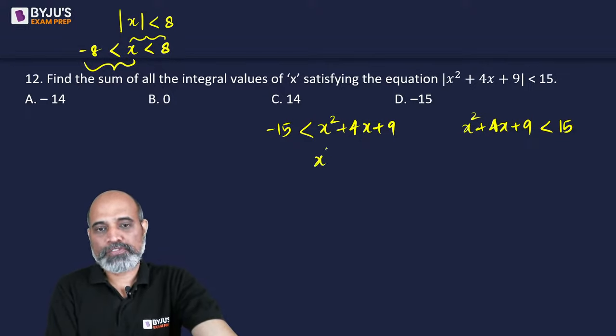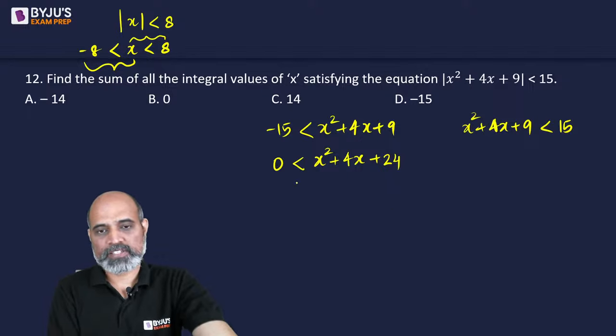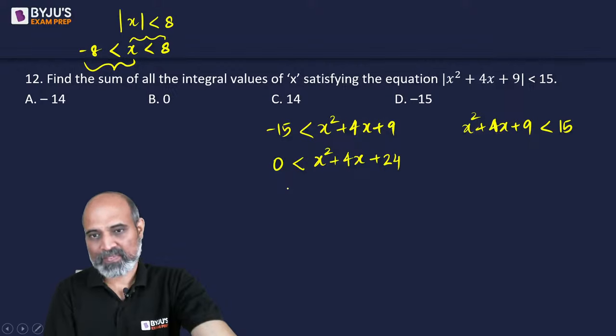Now, if I look at the first one, the left hand side, this is going to give us 15 plus 9, which is going to give me 24, which is greater than 0. And the next one is going to give me x square plus 4x minus 6, which is less than 0.